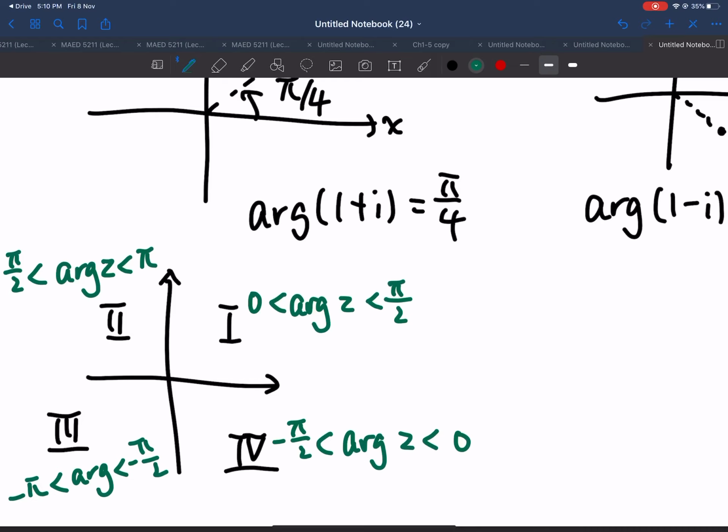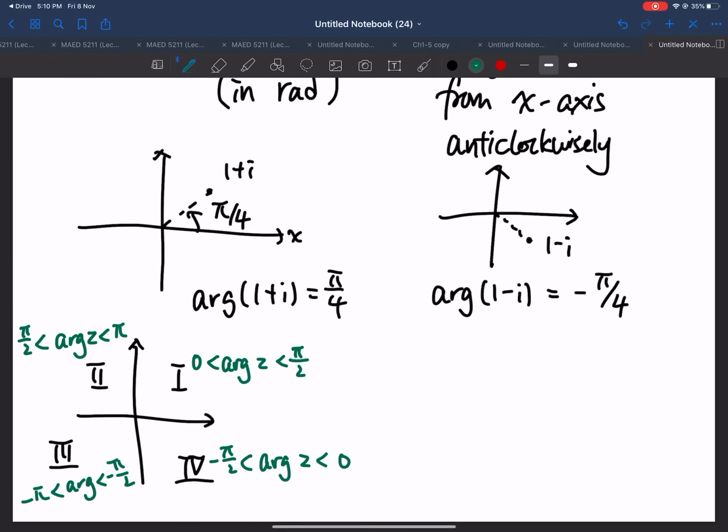We have to remember this, or is it just extra? Argument is not extra, you know. You should know it in core math also.